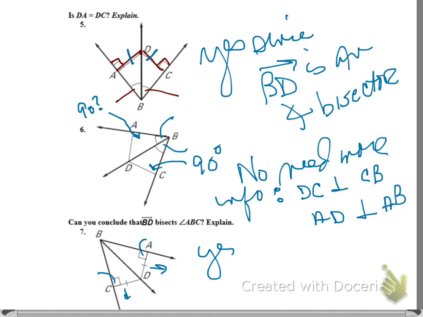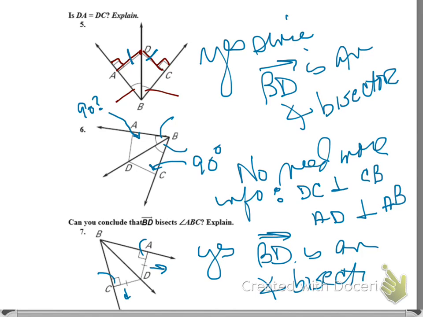So yes, because of those two things, ray BD is indeed, I'll make that a D so it's a little bit clearer, ray BD is an angle bisector. And therefore, these two angles at the very top are the same. All right, we have one more question. We'll do that on the next page.